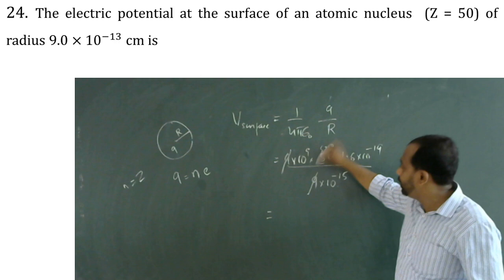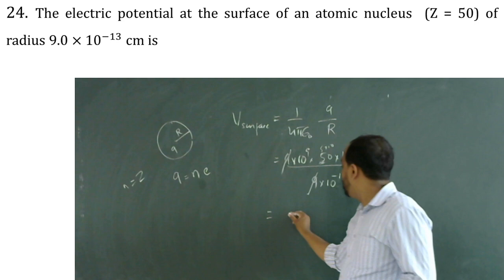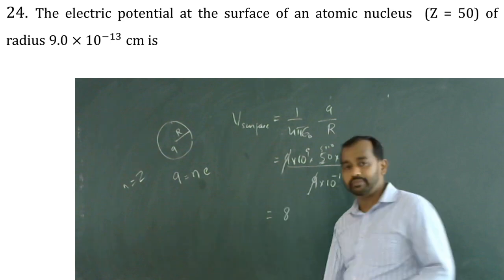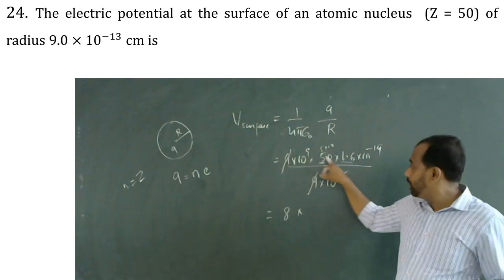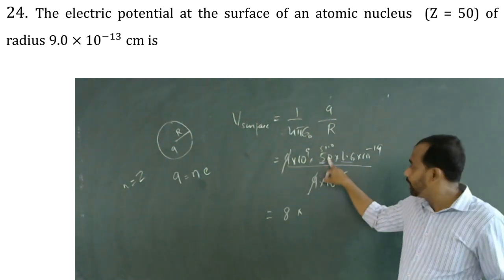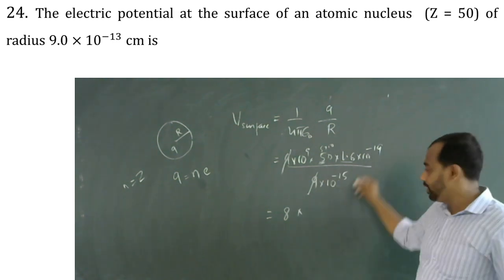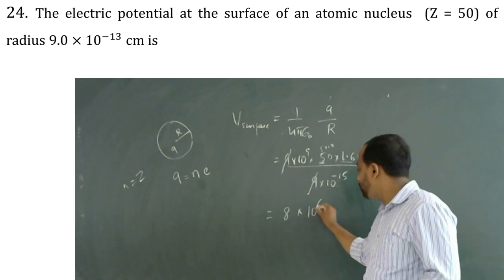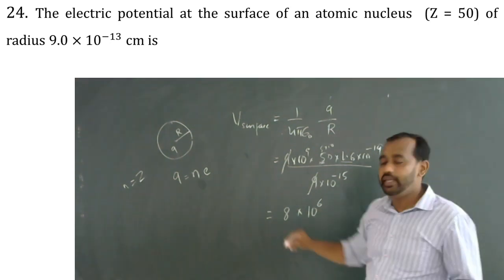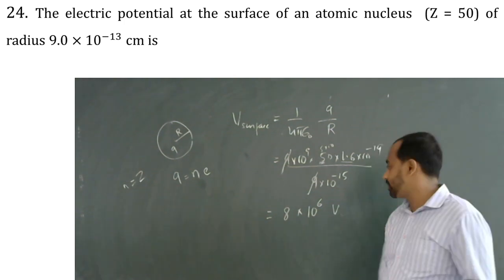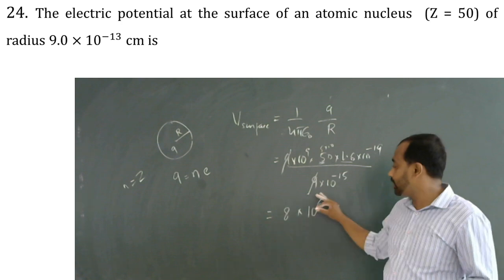Then it will be 5 into 1.6, which is nothing but 8, into 10 raised to 9 plus 1 plus 15 minus 19, which is equal to 10 raised to 6. Voltage is expressed in volts. So this answer will be 8 into 10 raised to 6 volts.